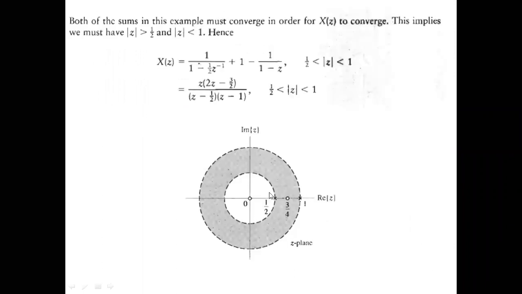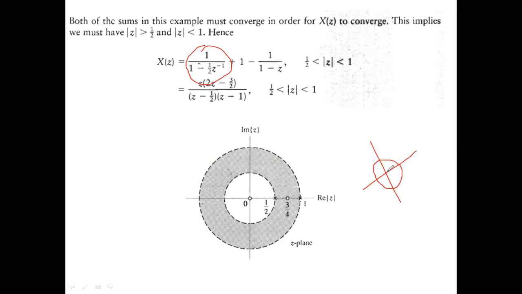The ROC for the first signal was greater than 1 by 2. The first signal was right sided, see here, z divided by z minus alpha. So for the first signal, the ROC was outside a small circle of radius 1 by 2.